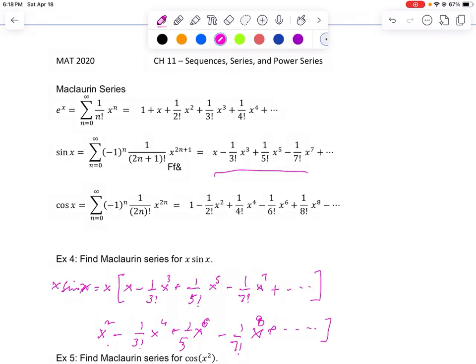In closed form, this will be summation from 0 to infinity. Actually, I can do it from n equals 1 to infinity, or even n equals 2 to infinity, because the first term is x squared.